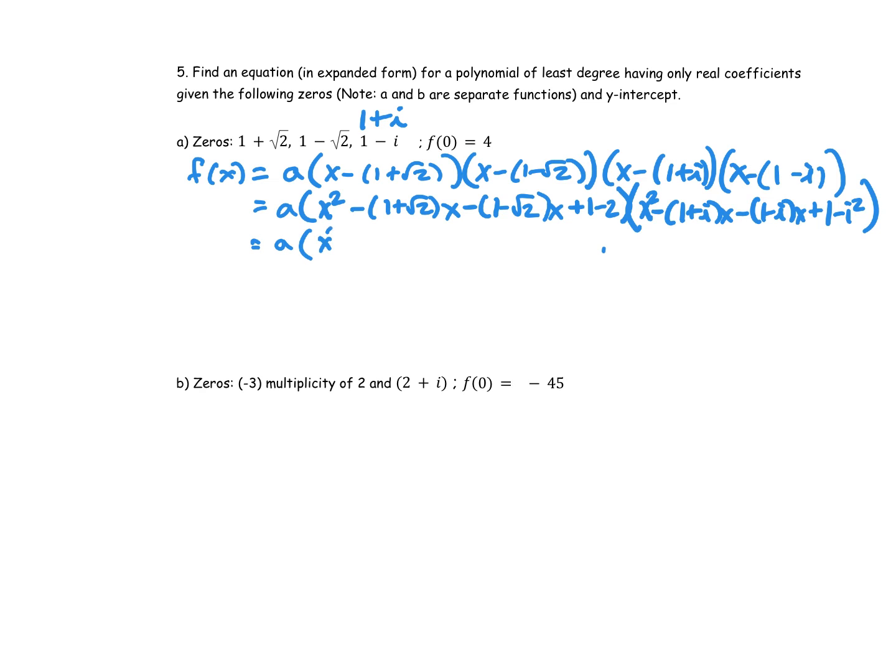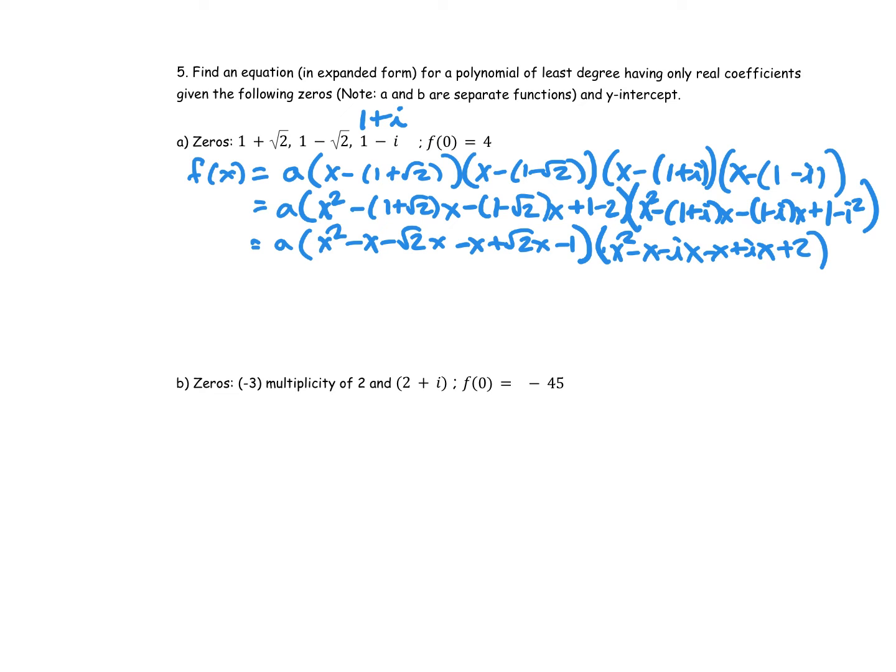I'm going to get x squared, distributing the negative and the x, minus x minus root 2 x, then minus x plus root 2 x, minus 1. This is going to be times x squared minus x minus ix minus x plus ix, and negative i squared is negative negative 1, so it will be positive 1, so it's going to be plus 2.